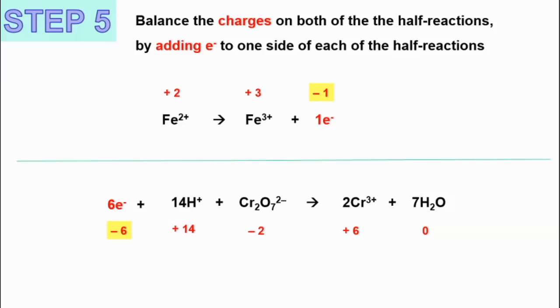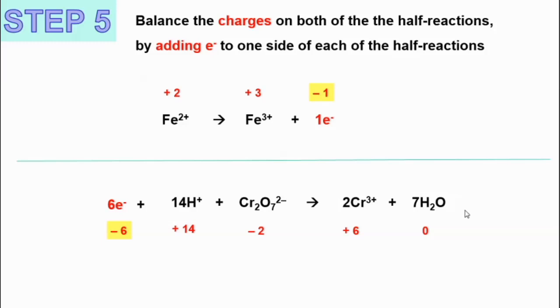Actually, I have one tip that I would like to share with you all. For this step 5, for example, if in the first half equation we add electrons on the right side, then normally in the second half equation the electrons will be added to the left side, or vice versa. For example, if in the first half equation the electron is added to the left side, then in the second half equation the electron will be added to the right side.